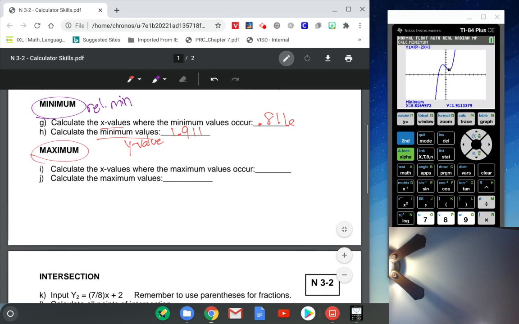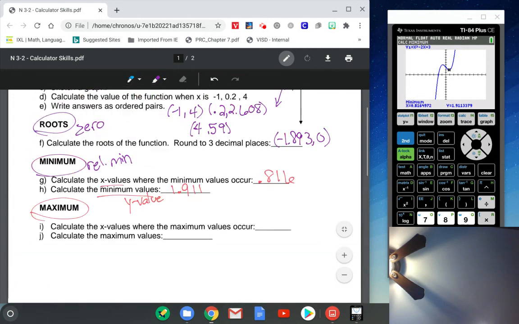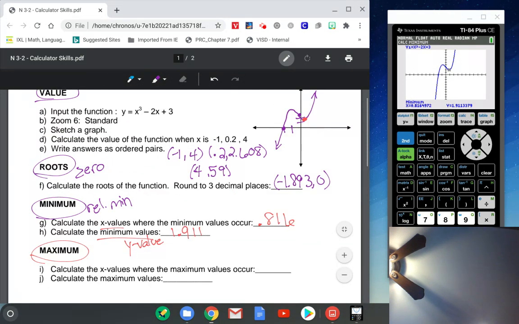All right, now we've got the maximum. So I'm going to change to another color. We'll do blue this time. Yeah, blue's fine. All right, so relative maximum, we're talking about up here at the top. So we're going to second calculate, number 4, the maximum.